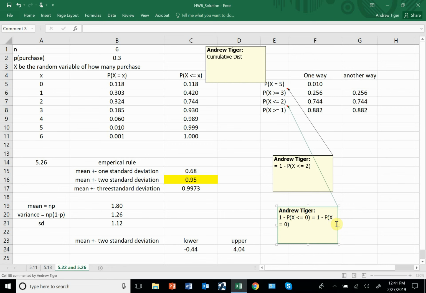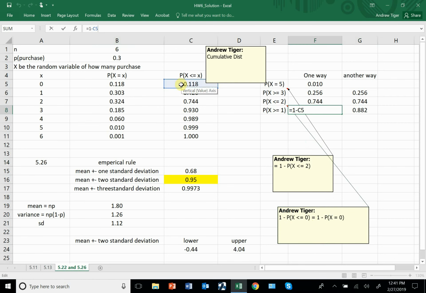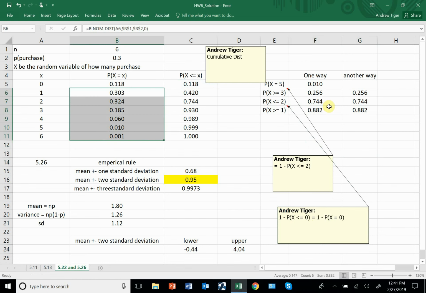The same thing. 1 minus the probability that x is less than or equal to 0. Looks like I did the less than or equal to 0 for the first one. Or I could just add up 1 or bigger, which is these numbers. It's the same thing. That's 22.